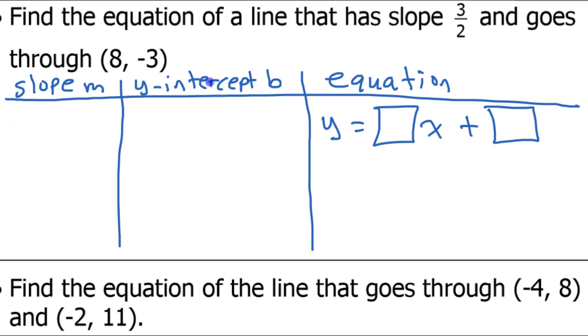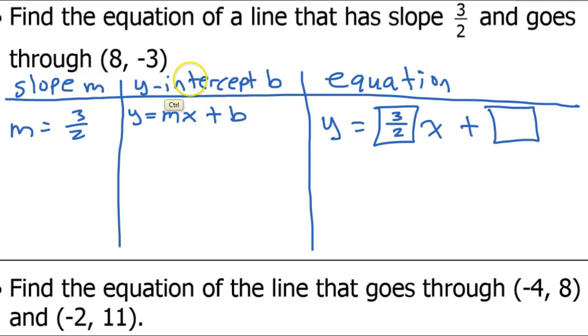Now, for this problem, we're given the slope right away. We're given that the slope is 3 over 2, which means I can go ahead and fill in that 3 over 2 right now. So all I have to do is find the y-intercept, which is the b value. I'm talking about this model that goes y equals mx plus b.